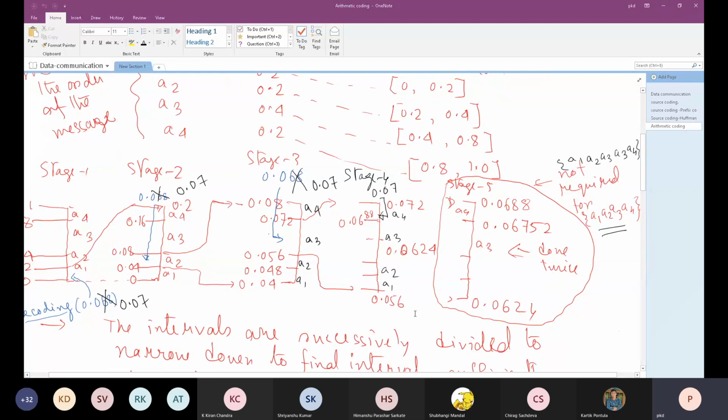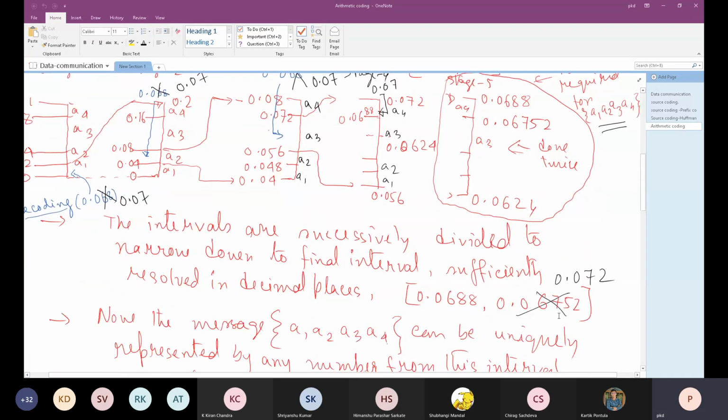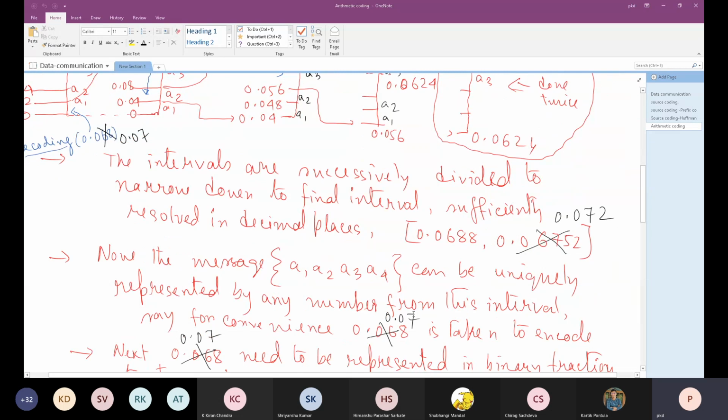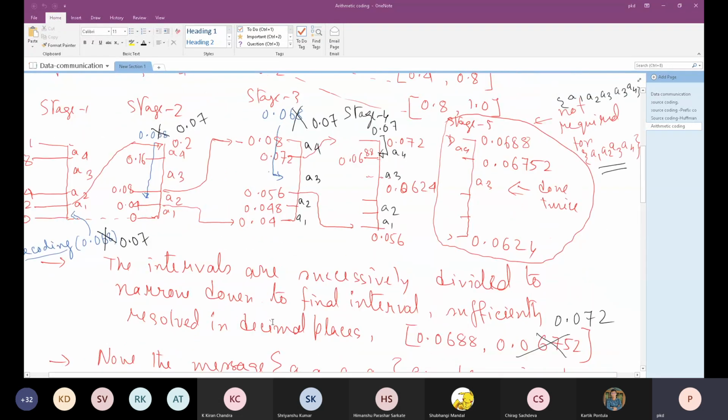So that can be chosen as 0.07. 0.07 could be the number because there are four messages. And so next, in the decoding, we have to search for 0.07.